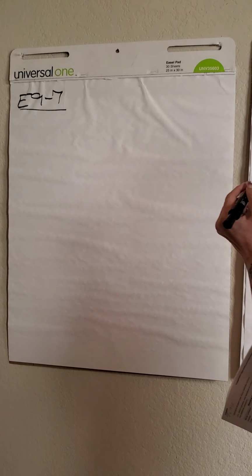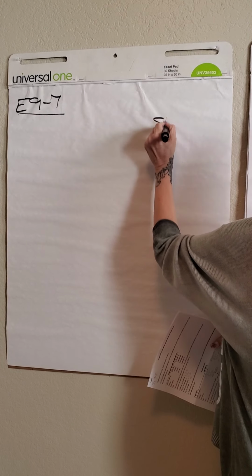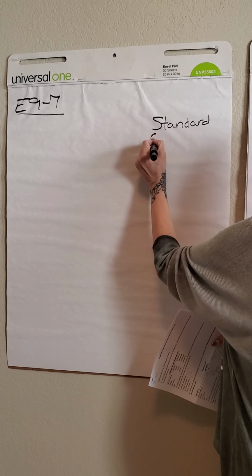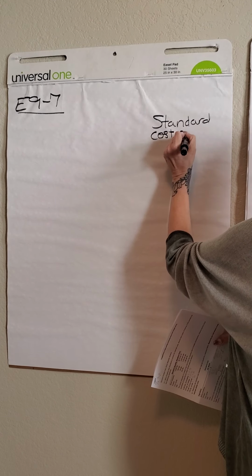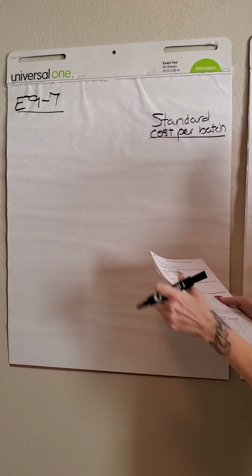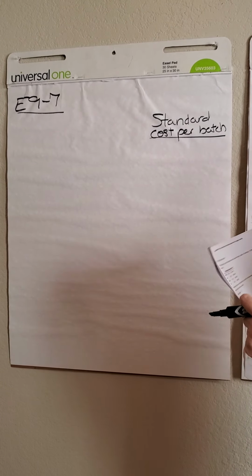So we're going to move over here to the board. So we're going to do our standard cost per batch first. And this is similar to one of the exercises we did earlier.